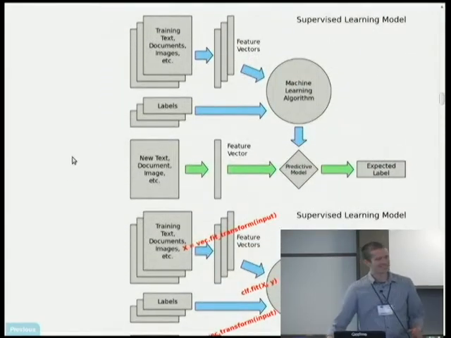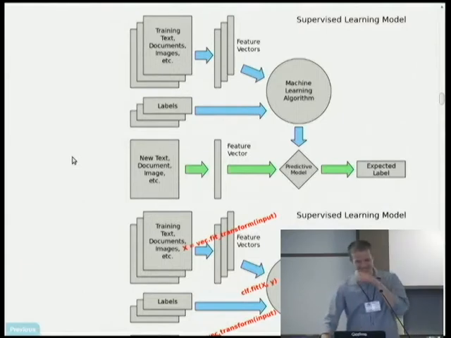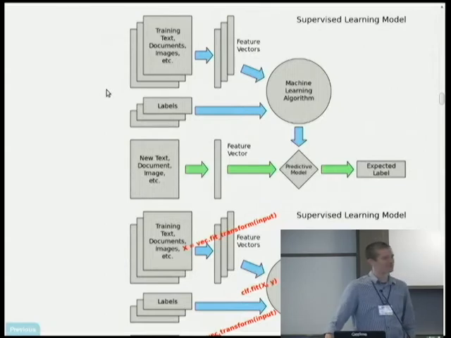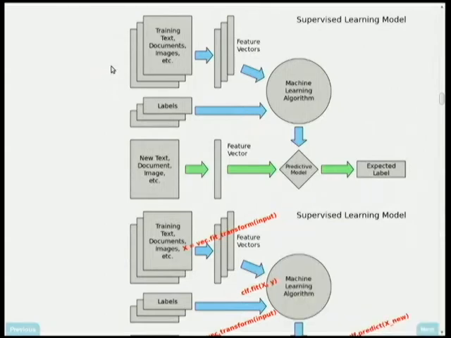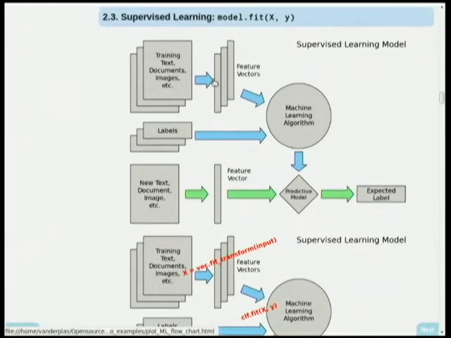We're going to reiterate this a lot because I want to make sure it sinks in. This is a visualization of how a supervised learning model would work. You have your training text, your documents, your images, your features, and you do something to turn them into a feature vector. So this is an n_samples by n_features matrix.